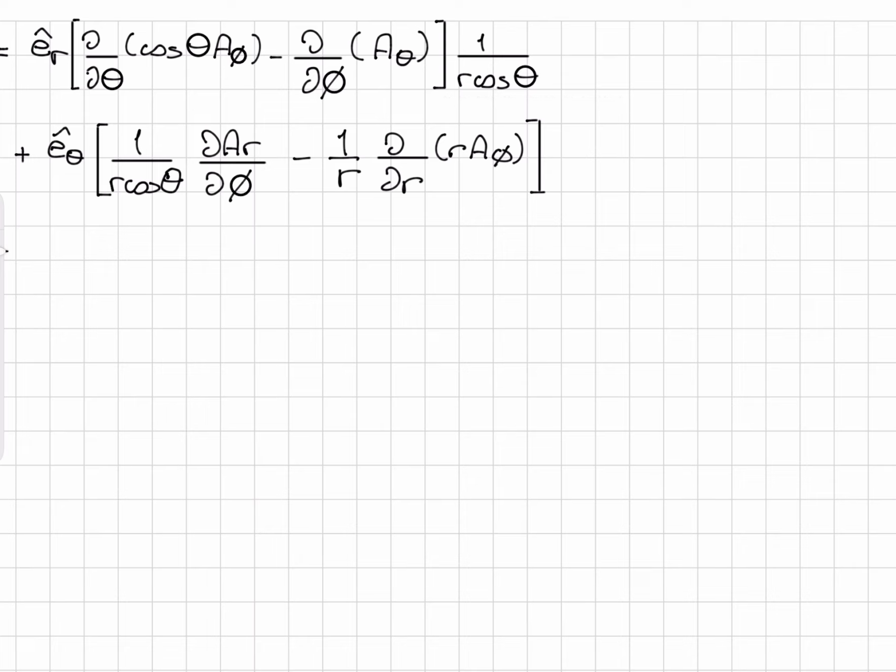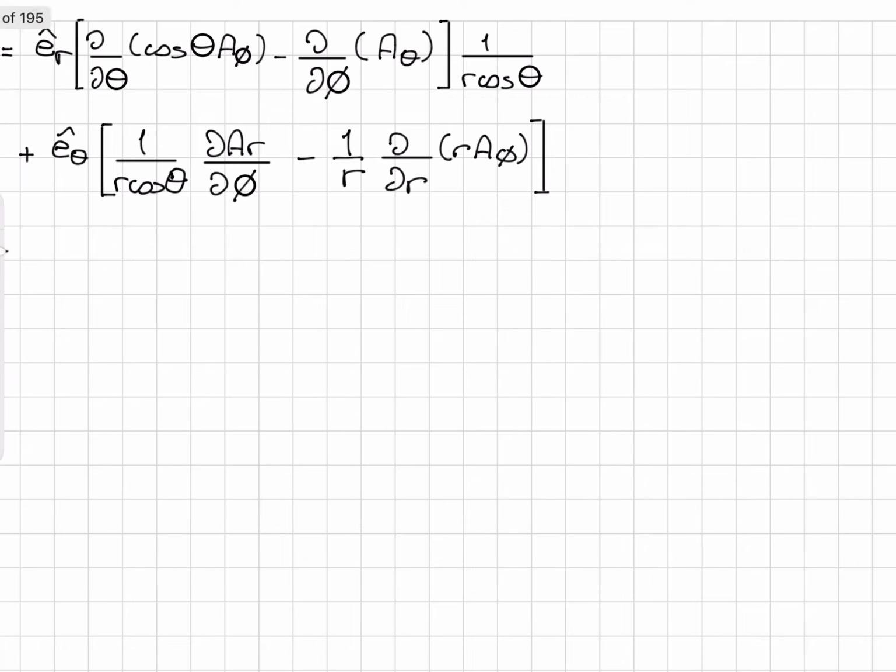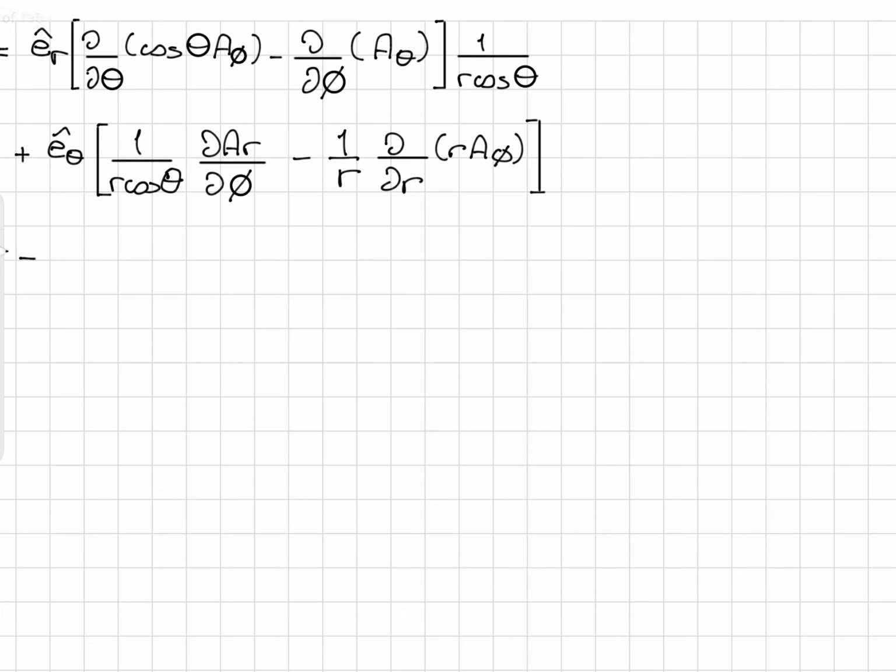And for the e phi hat term, I had an r cosine theta e phi hat. So r square cosine theta becomes just r. So it's 1 over r e phi hat.